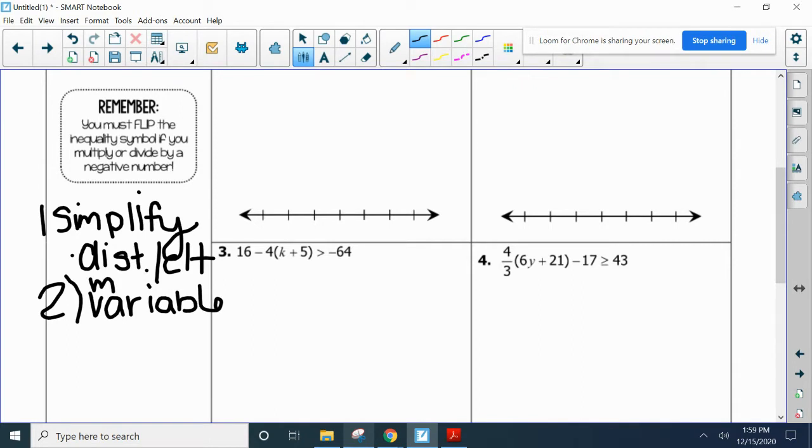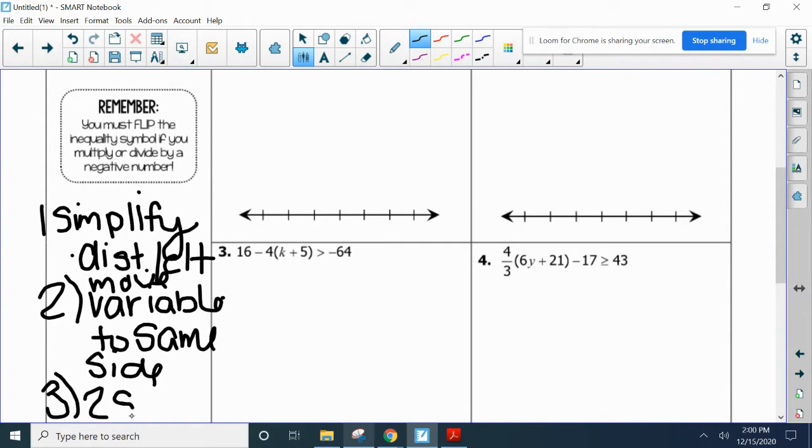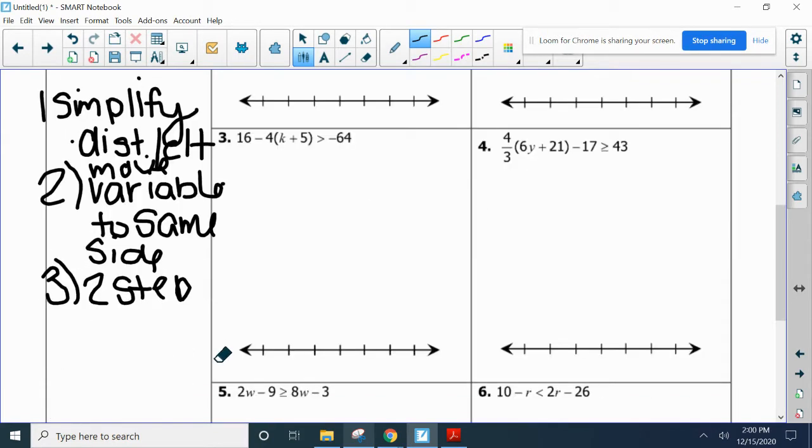If not, you're going to move the variables to the same side. After you have done that, you really will have a two-step or a one-step inequality, which then you do your order of operations backwards.